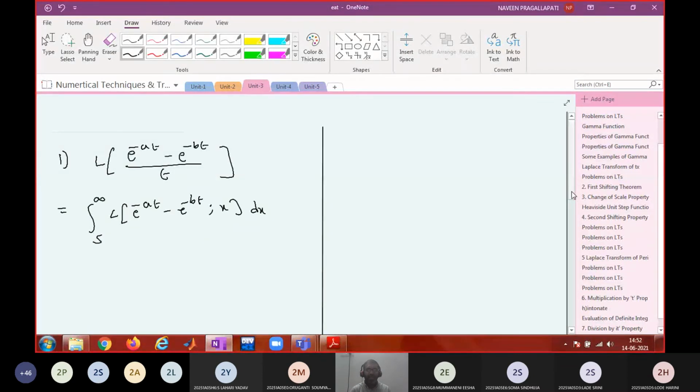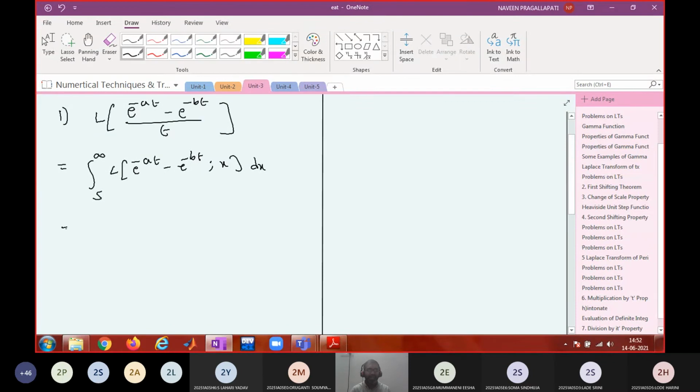And you know Laplace of e^(-at). Can you tell me what is Laplace of e^(-at)? Laplace of e^(at) is 1 by s minus a. You need to remember the formula.